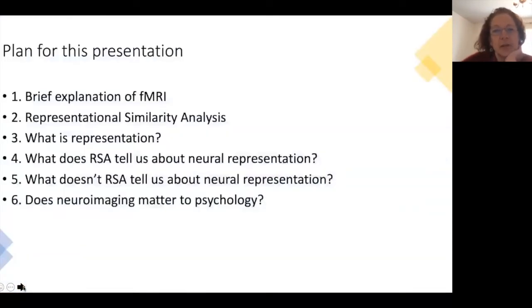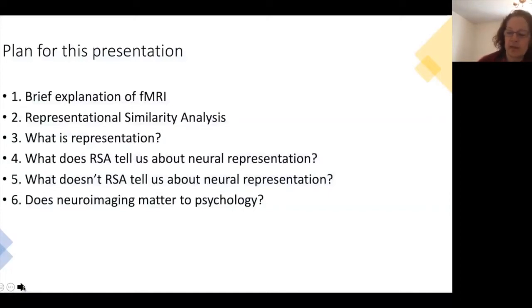Okay, so what I want to do today is think about the way in which representational similarity analysis can or cannot tell us something about neural representation. So I'll start with briefly explaining fMRI for anyone who isn't familiar with the technique. Then I'll give a brief presentation of what representational similarity analysis does.